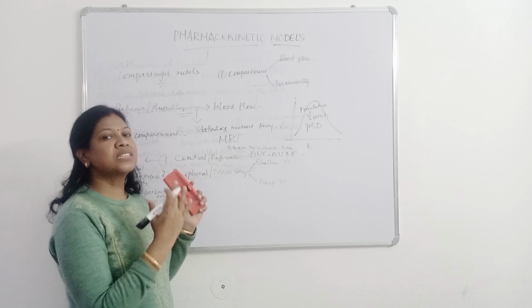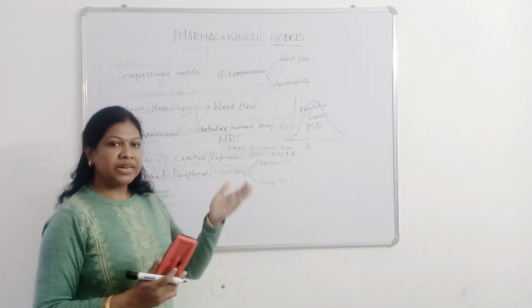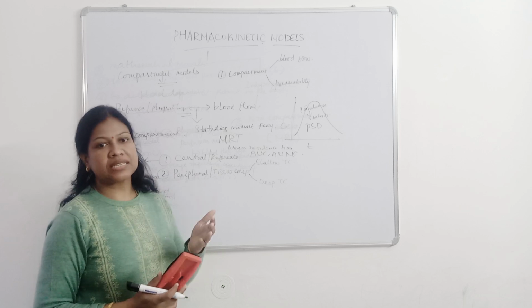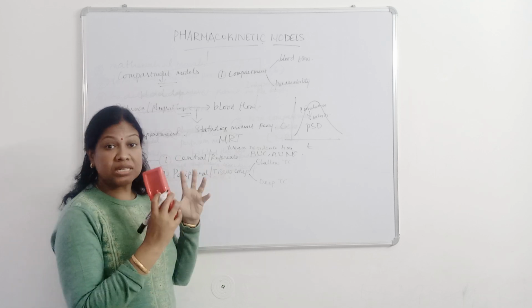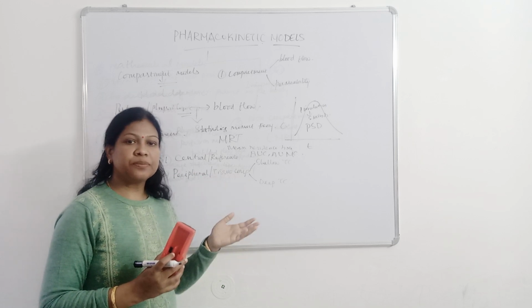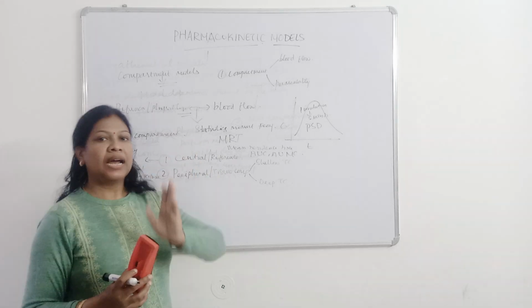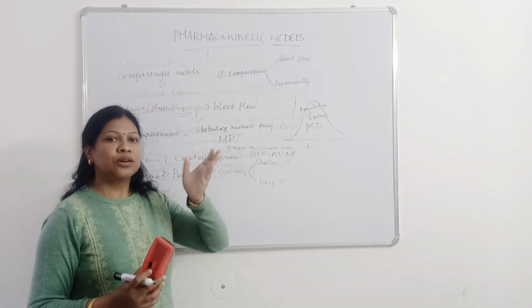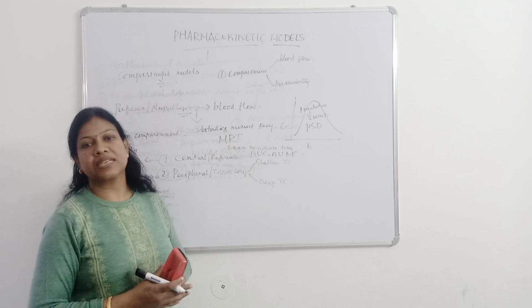So this is just a general idea about the pharmacokinetic models. In my next videos, I will be discussing individual models: what the compartment model actually is, what the assumptions are, what 1 compartment, 2 compartment and 3 compartment mean, how the movement and exit take place in the body depending upon the drug, and how the curves are explained.